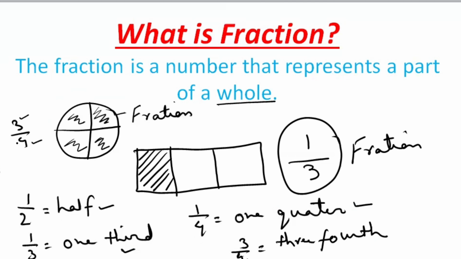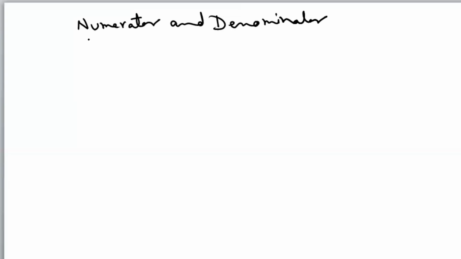There are two terms which we always use in a fraction. What are those two terms? Let's see. Those two terms are numerator and denominator. So what is a numerator and what is a denominator?